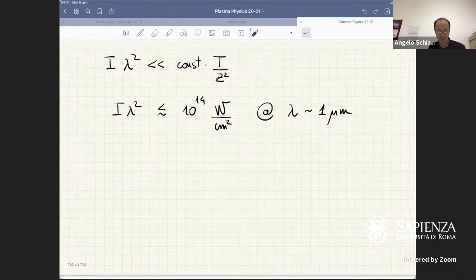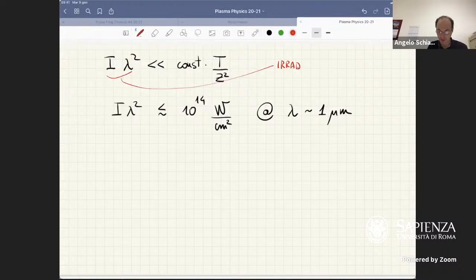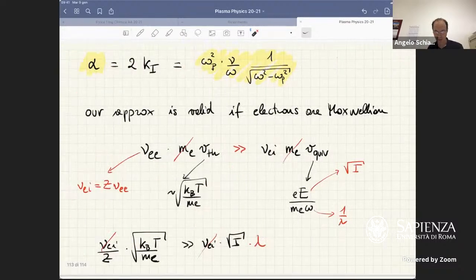And what we find is that this parameter here, the irradiance, has to be smaller, in order for the electrons to be Maxwellian, than some factor. The constant term in front contains all the physical constants that are not changing, like the mass of the electron, the dielectric constant of vacuum, and the Boltzmann constant.